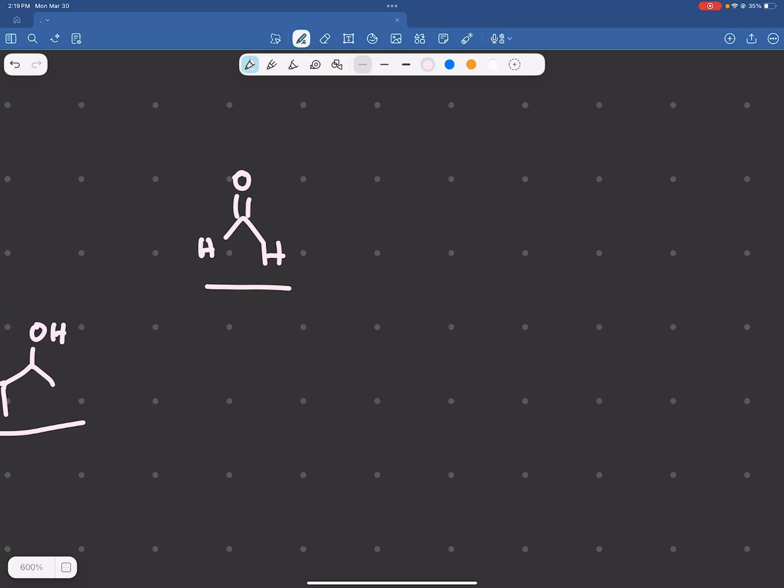So mainly things that do not have alpha hydrogens, things like, say, benzaldehyde. This alpha carbon there does not have any hydrogens on it, so these materials cannot actually undergo self-Aldol reactions.